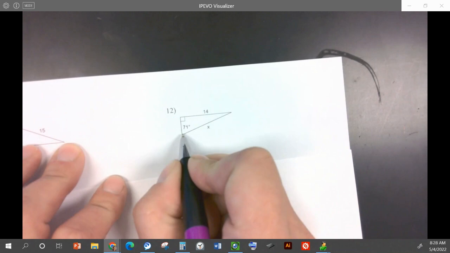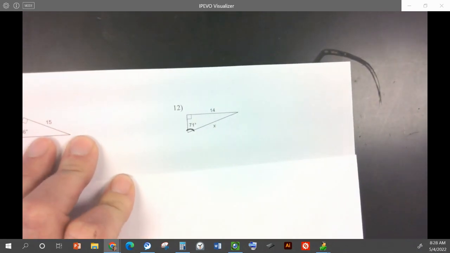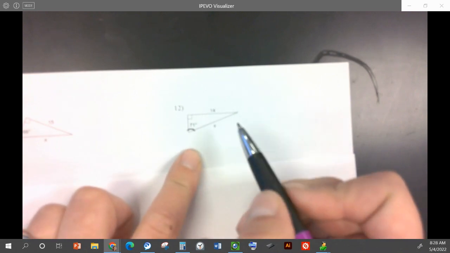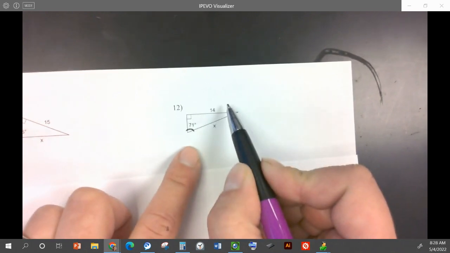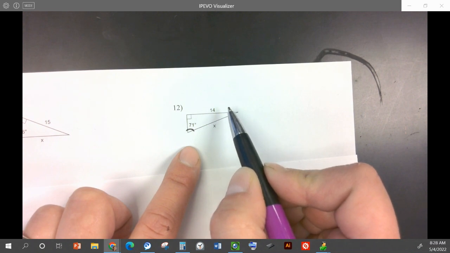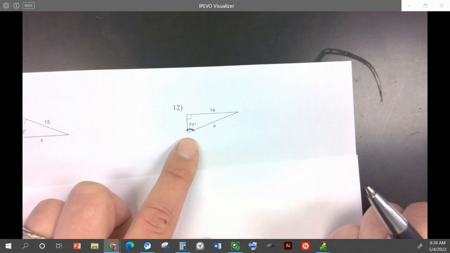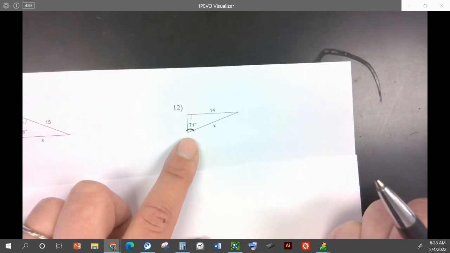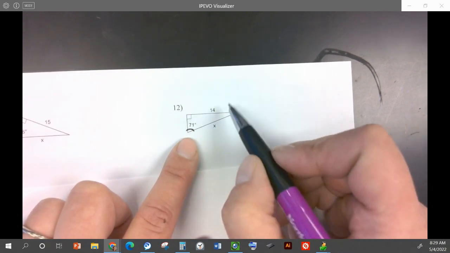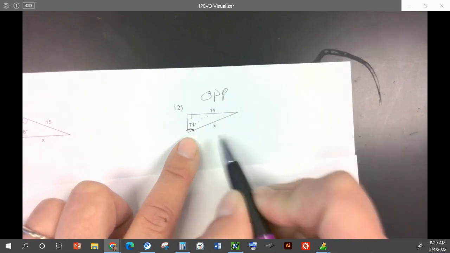So the first thing that we need to do is label the sides. So 14. Oh, is this one going to work? Yeah, x will be on the bottom. Okay. So what's 14? What side length would that be? Perfect. It's the opposite. So opposite over here. And what is x?